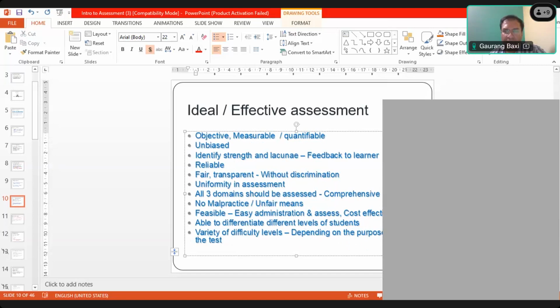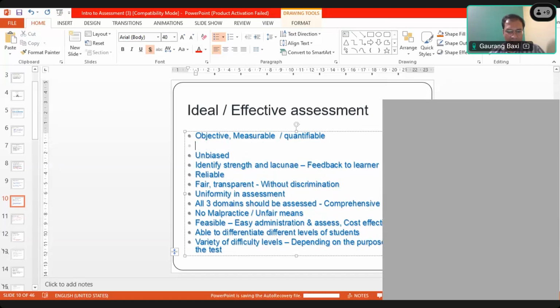Okay, so again, yes, objective being measurable or quantifiable, true. And when we say objective, it also means that it should not be subjective. Yes.